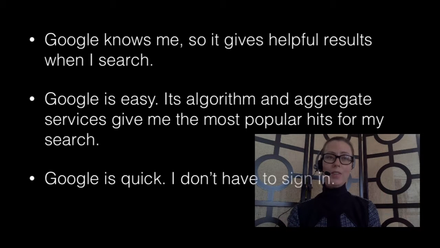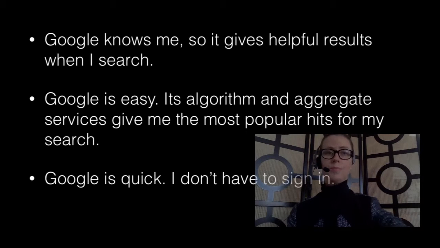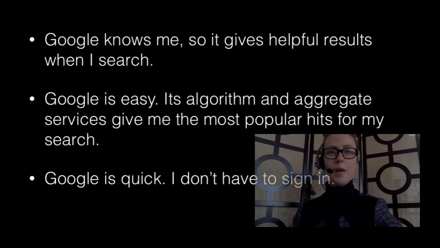This is not so great, though, for scholarly research when you don't want your choices narrowed. Google is also easy. Its algorithm and aggregate services give me the most popular hits for my search. This is helpful for getting the lay of the land, a quick overview of what most people think about a topic.